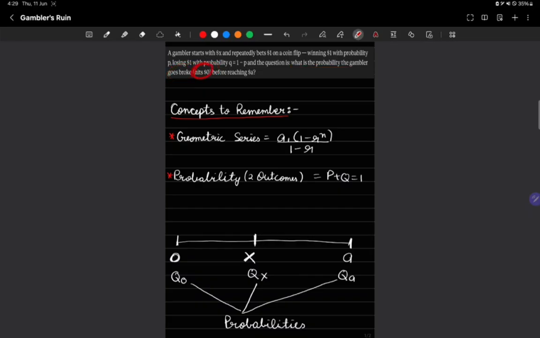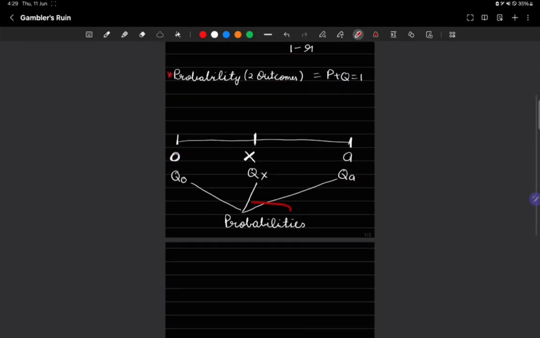So we are interested in finding the probability of going broke before reaching A. These are the probabilities that we are denoting here: Q of X denoting the position X, Q of A for position A, and Q of 0 for position 0.